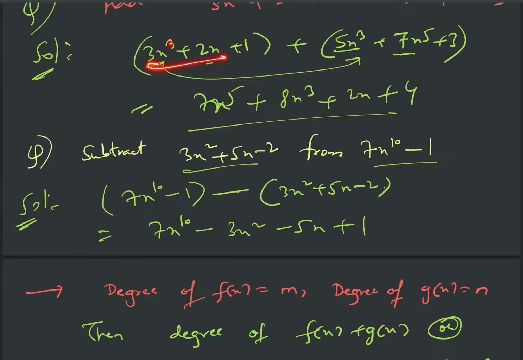Say here the degree of this one is 3, the degree of this one is 5. So if you add this, then the degree will be 5, right? Here the degree is 2, the degree is 10. So if you subtract, the degree will be the maximum of 2 and 10, that is 10, right?